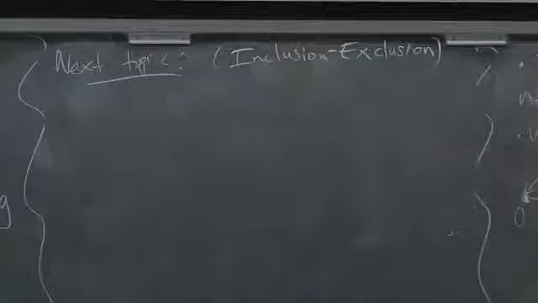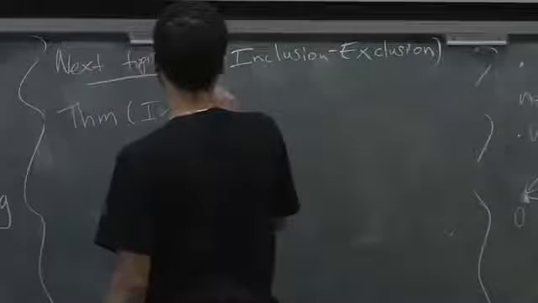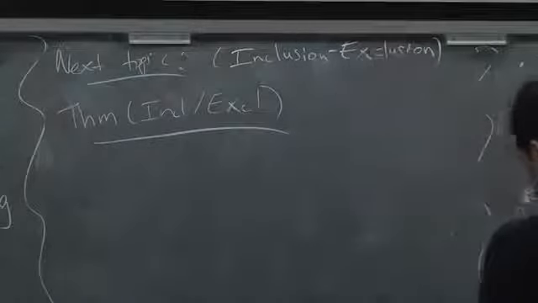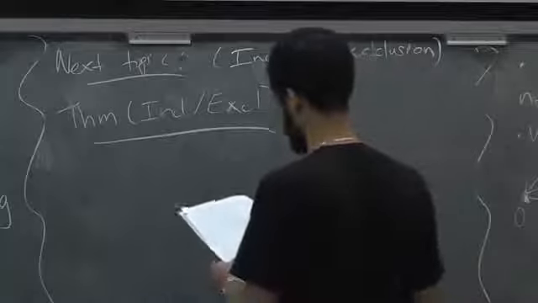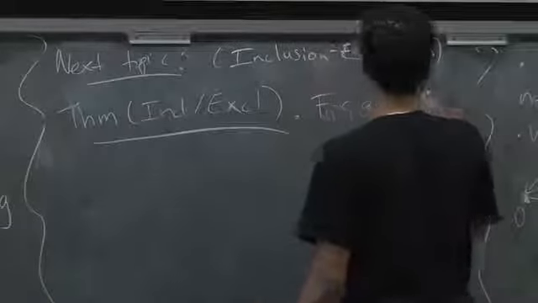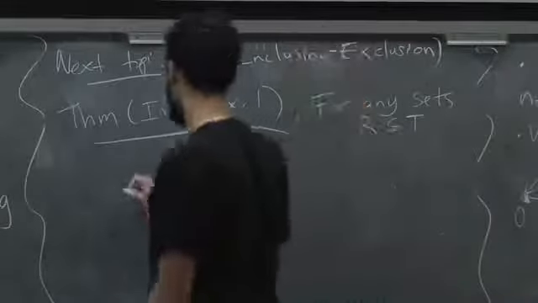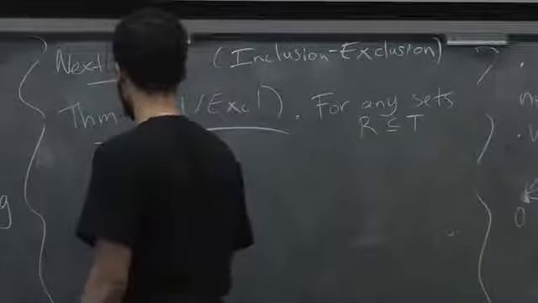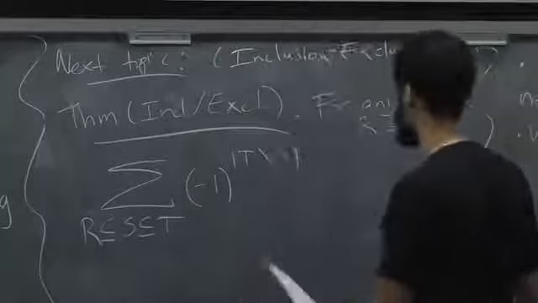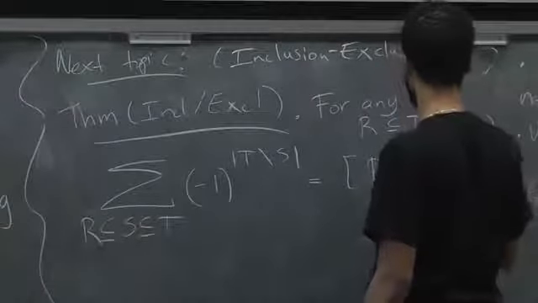So what is inclusion-exclusion? Theorem: for any sets R subset equal to T, we have the identity that the sum over S sandwiched in between them of (-1)^|T \ S|, the set difference, is equal to [R = T].